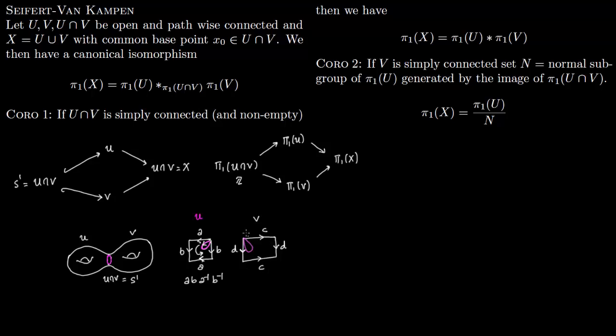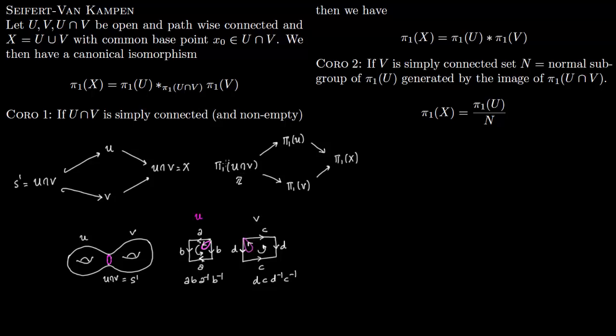So again, if you want to move in the same direction along the circle, same as before, you have D in the right direction, then you have C in the same direction. Now D is in the opposite direction, so D inverse, and now C is in the opposite direction, so C inverse. So this is the circle.